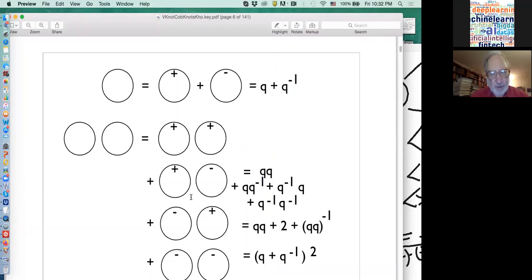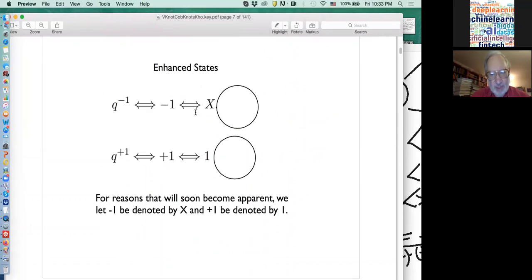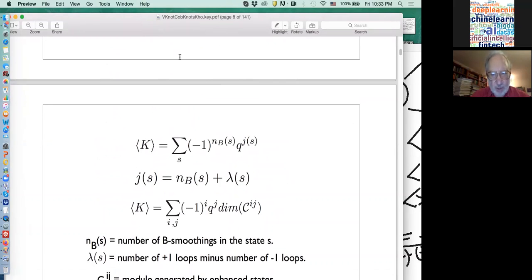A pair of loops gives 4 of these labeled states, and you add up the values and you'll get the q plus q inverse squared as you should, and so on. So we can use these enhanced states in this way, and we can write the bracket as a sum of monomials, powers of q, with some indices that have to do with how the states are labeled.